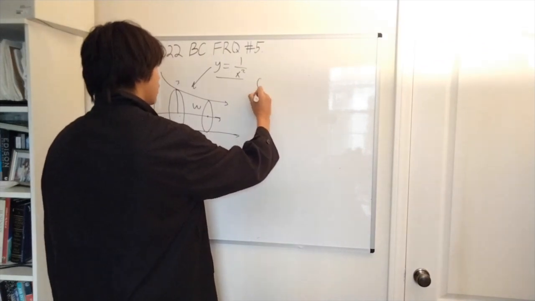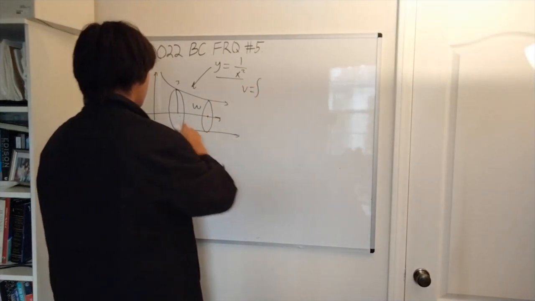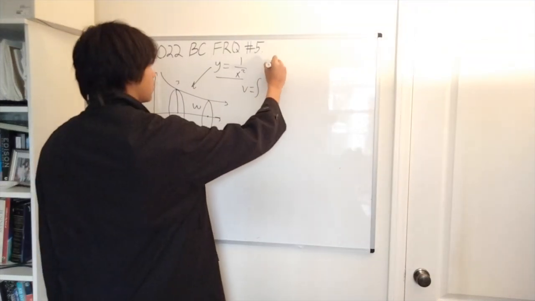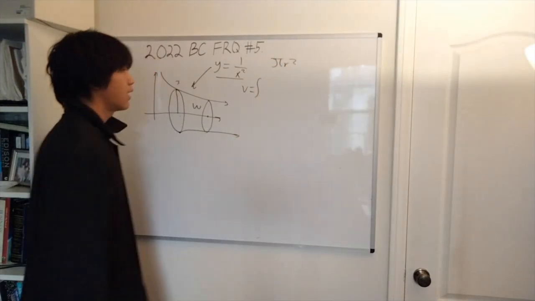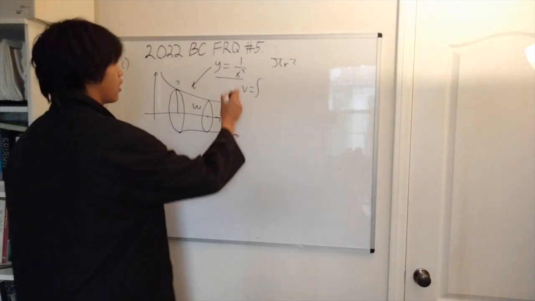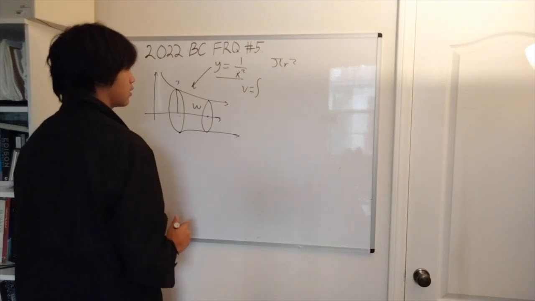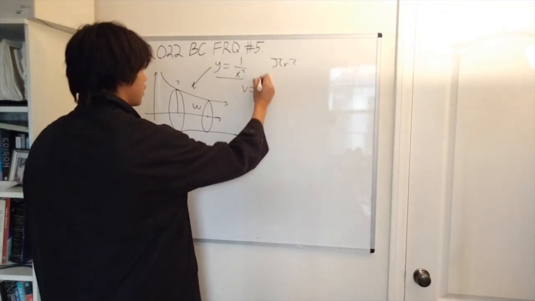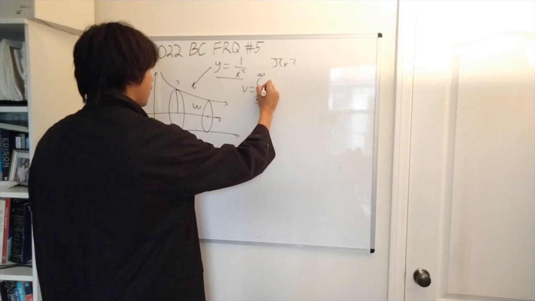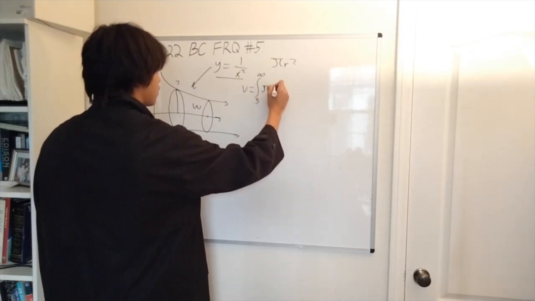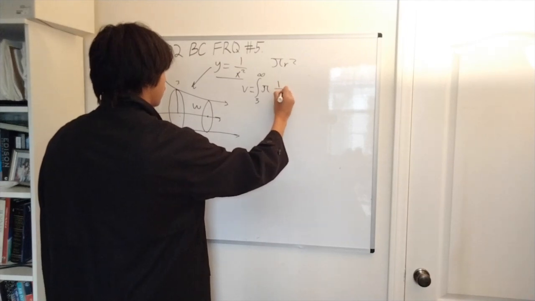So the area of a circle, which is what we're going to be adding up, is pi r squared, as we know. And r is going to just be our y value. So that's going to be 1 over x squared. So we write an integral from 3 to infinity, pi times r squared, which is 1 over x squared.